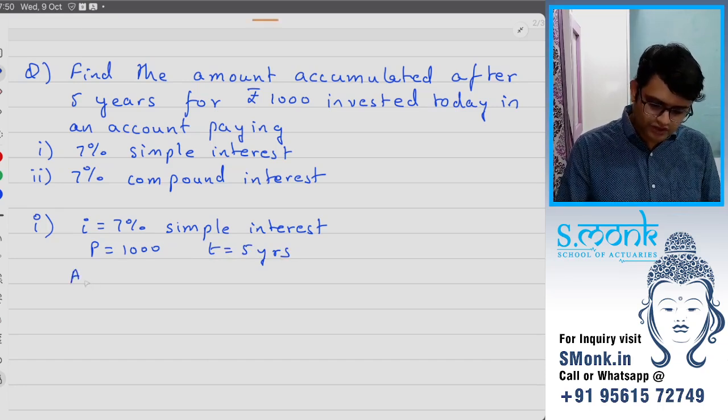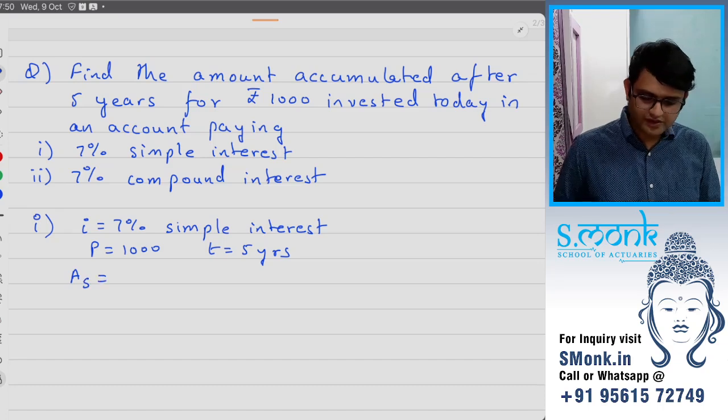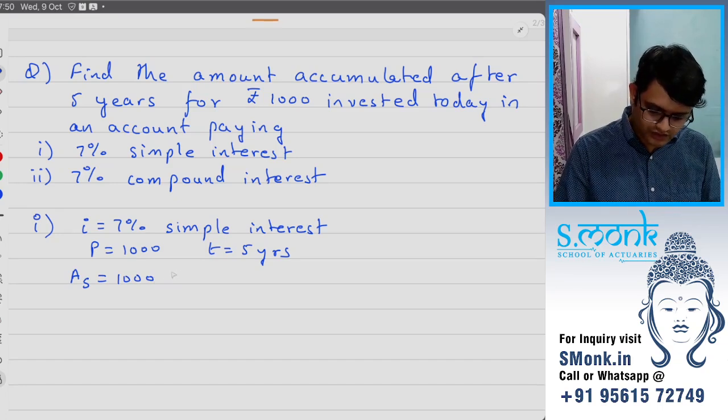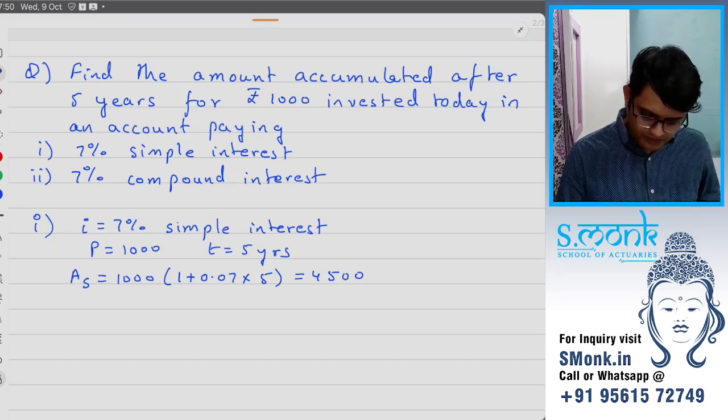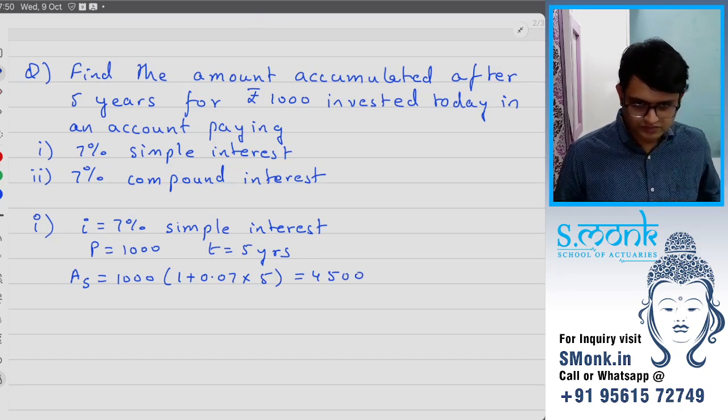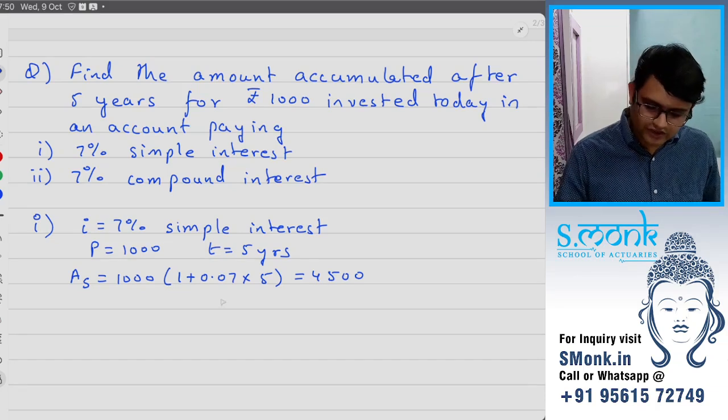So the amount that we will have after 5 years, okay, so 1000 into 1 plus 0.07 into 5. Okay, you can do this calculation very easily.